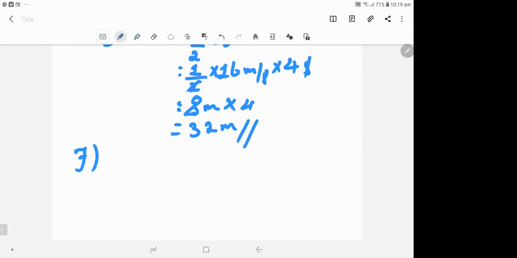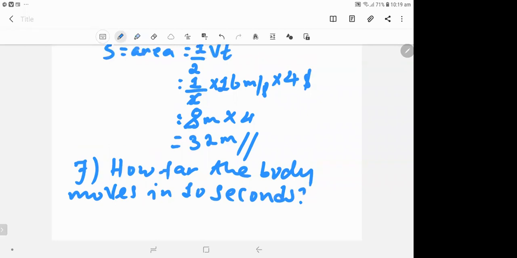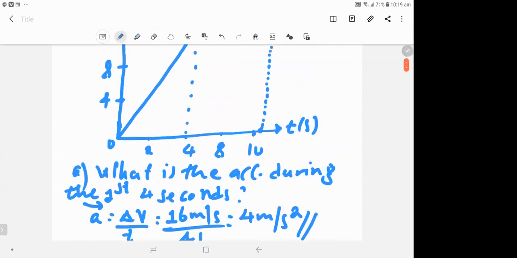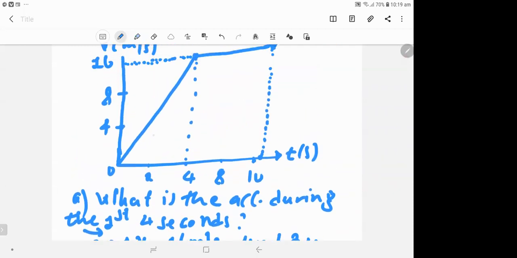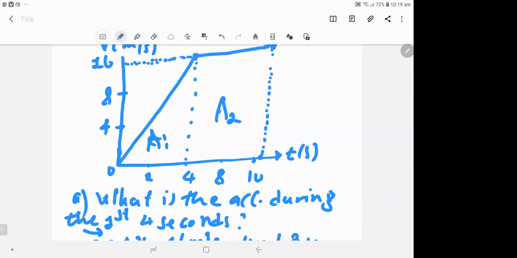Try this one by yourself, and we can do it in the next break. How far does the body move in 10 seconds? As a hint, this graph has area 1, which we calculated now, and area 2. The addition of area 1 and area 2 gives the distance the body moves in 10 seconds. Area 1 is 32, so find area 2.